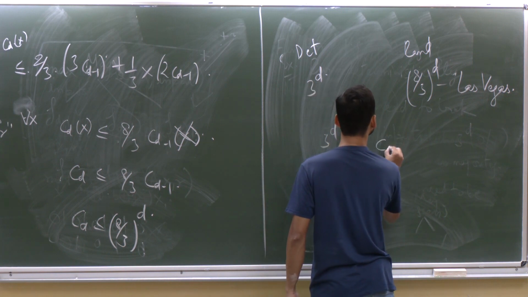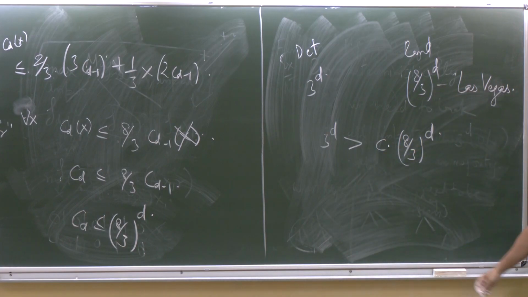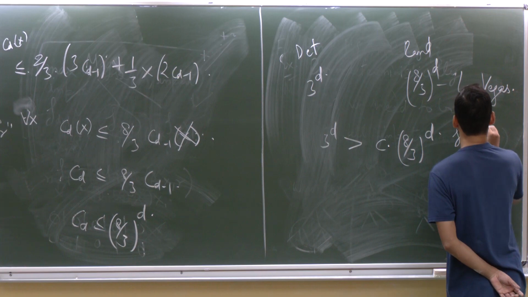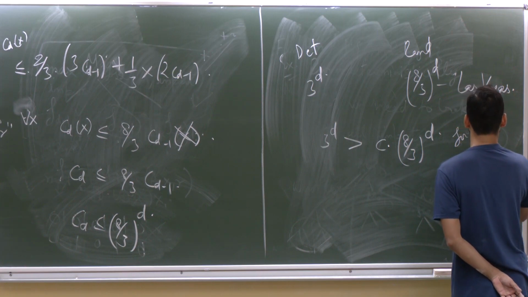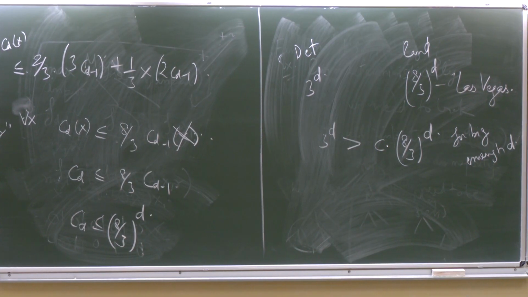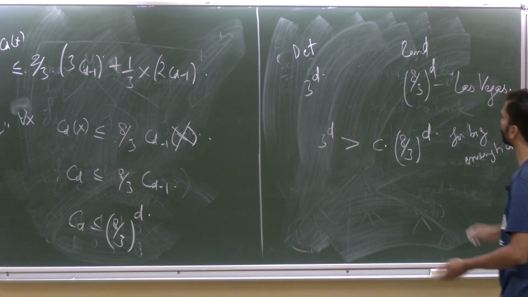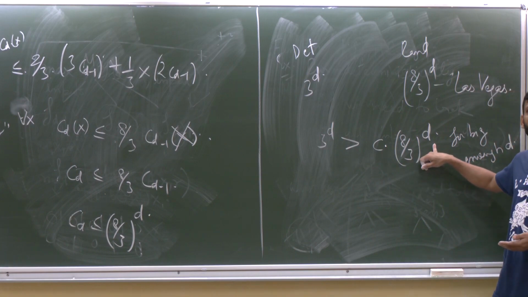And if you have gone through your computer science courses nicely, you know that 3 to the power d is always bigger than any constant times 8 by 3 to the power d. This 3 to the power d goes asymptotically much faster than 8 by 3 to the power d.